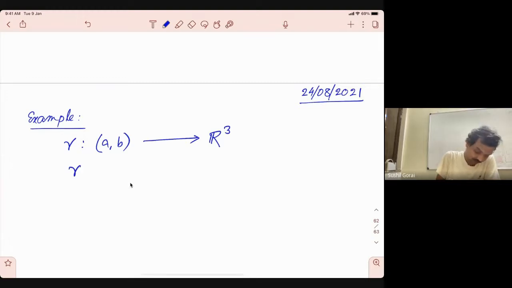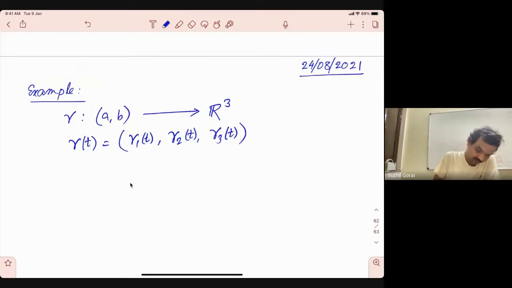So gamma has three components: gamma 1(t), gamma 2(t), gamma 3(t).